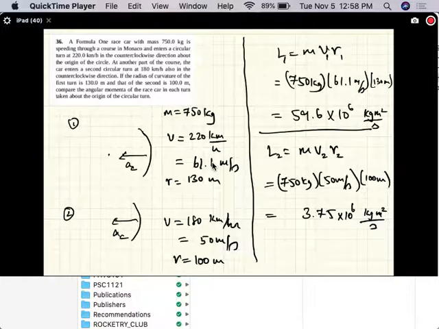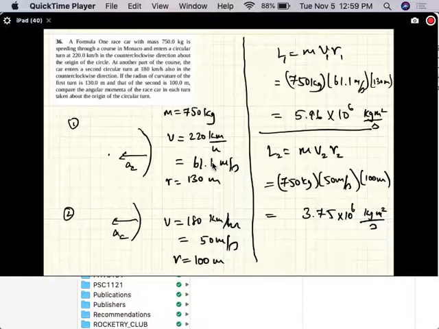That would make more sense. All right, that makes a lot more sense. So the angular momentum went from 6 to about 4, so about 60%.